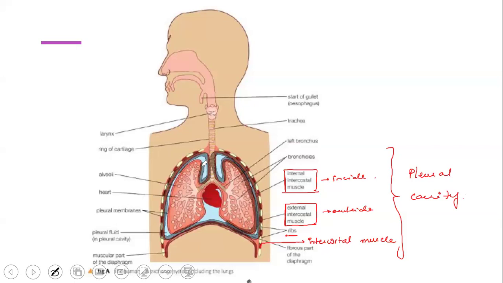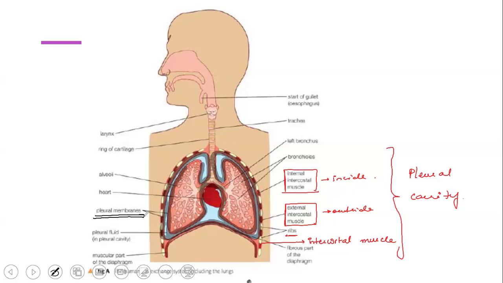This lining that covers the wall of the entire cavity is known as the pleural membrane. So the cavity is the pleural cavity and the membrane that is surrounding it is known as the pleural membrane.